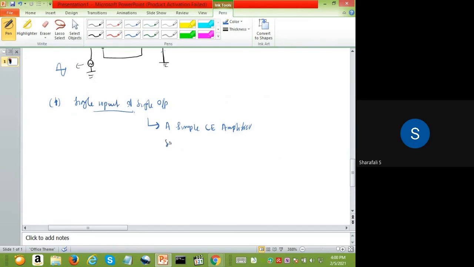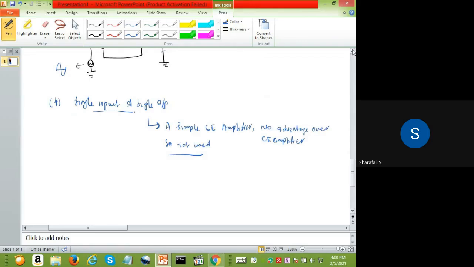So no advantage, I would say no advantage over a common emitter amplifier. So this configuration we will not use, because single input, single output means it is simply a common emitter amplifier.